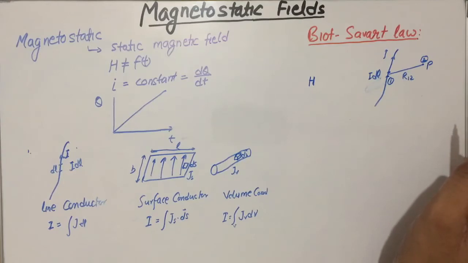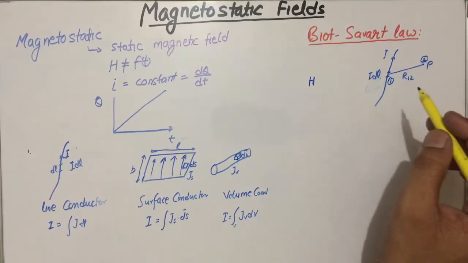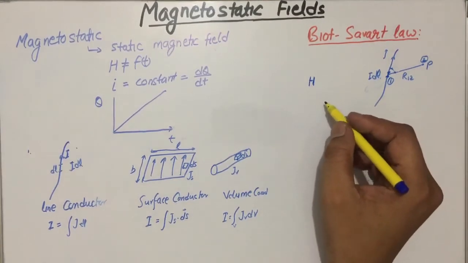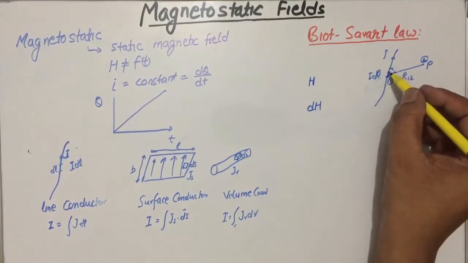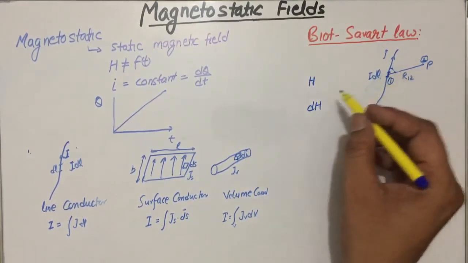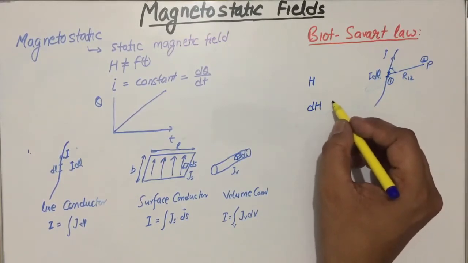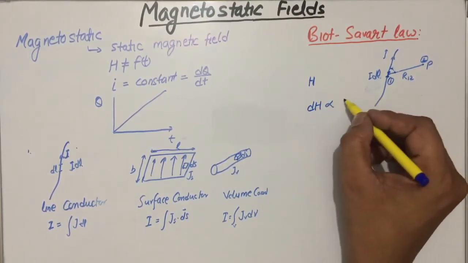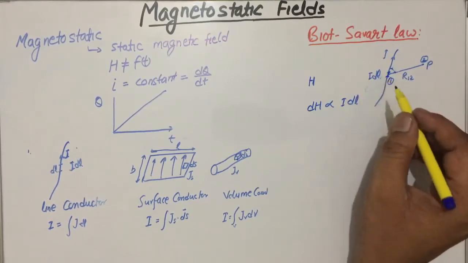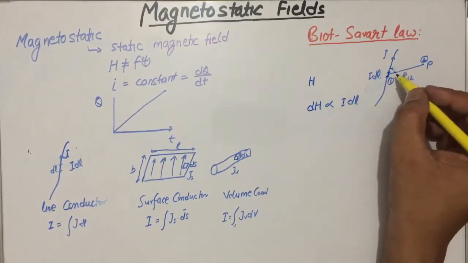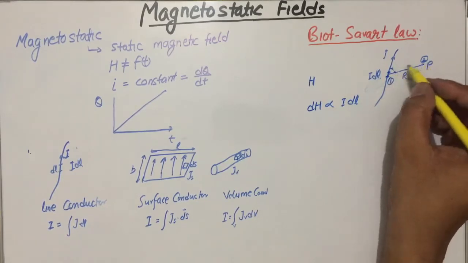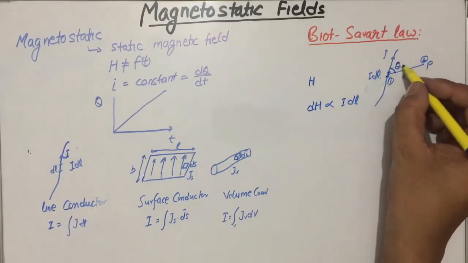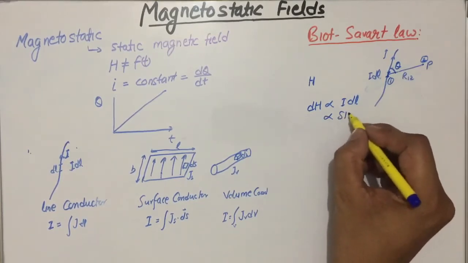Now, according to the Biot-Savart law, he observed that the magnetic field intensity due to this current element, dH, is proportional to the current element itself, and further he obtained that it is proportional to the sine of the angle between the radius vector and the current element.